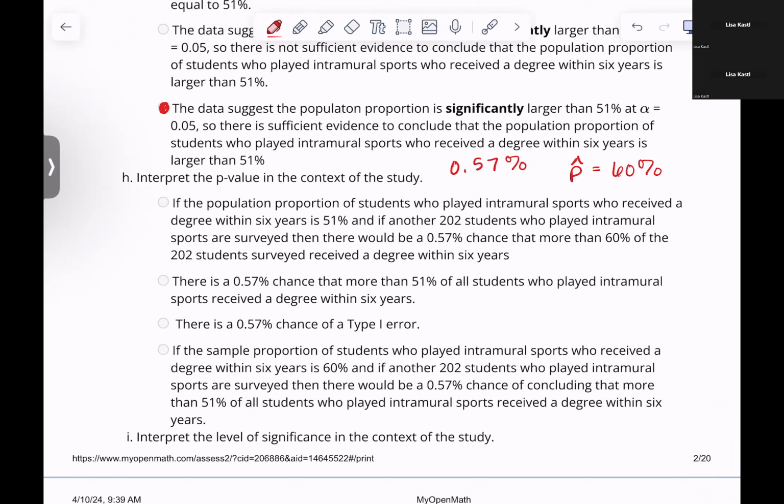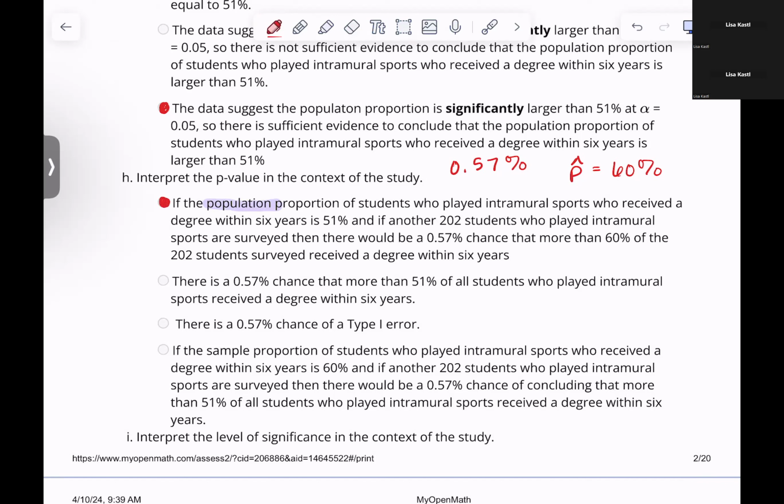And how do I know it's the first one? I know it's the first one. I'm giving you all the hints. I shouldn't give you all the hints, but it's got population, and that's what you're testing. You're testing if the population proportion is greater than 0.51. So since that's what you're testing, that is going to be your choice.